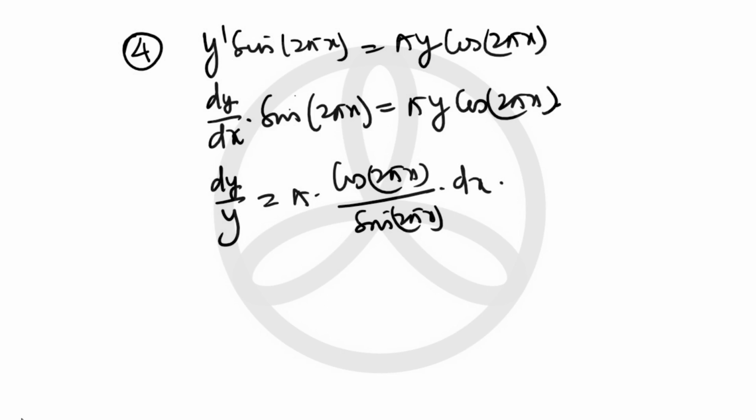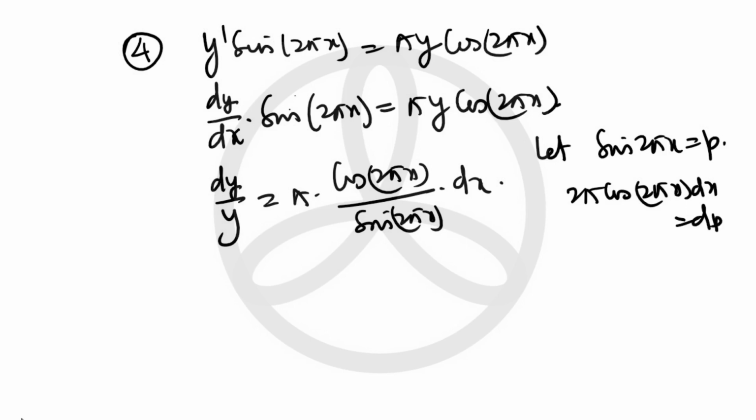If I assume, say, let sine 2 pi x be p, we will get 2 pi cos of 2 pi x dx is equal to dp, or pi cos 2 pi x dx is equal to half of dp.